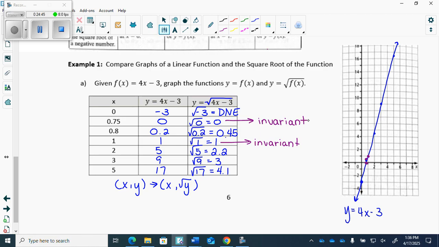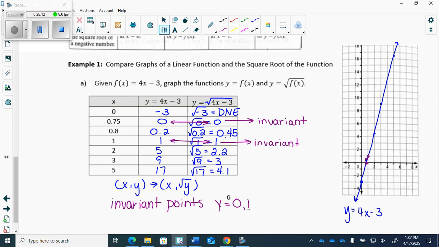So when I take the square root of 0 or the square root of 1, these don't change. So the mapping, when we go from a plain function to the square root of the function, the invariant points are always when y equals what? They exist when y equals 0 and 1. Square root of 0 and square root of 1 stay the same.